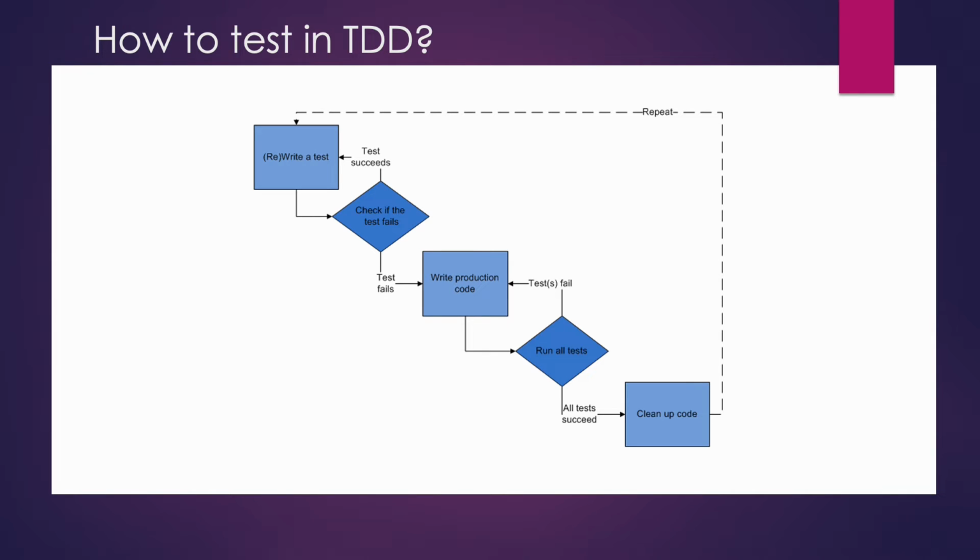If that test fails, you'll write some code that you believe will cause that test to pass. Then you'll rerun all the tests to see if anything fails. If it fails, you'll write some more code to get the test to pass. If it passes and all the tests succeed, you'll go ahead and clean up and refactor code, and the loop will start again.